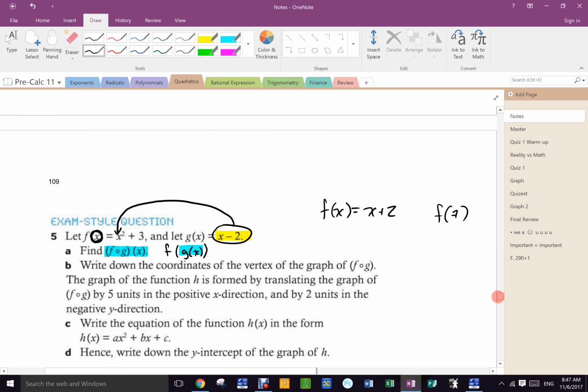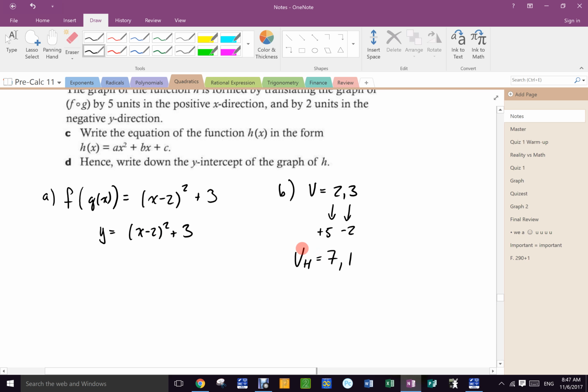Now, when I have the vertex, and I know there's no a, how many methods do I have to do c? Because for c, I want the h of x in this form. What form do I have it in now? Vertex form. I have x minus 7 squared plus 1, yes?